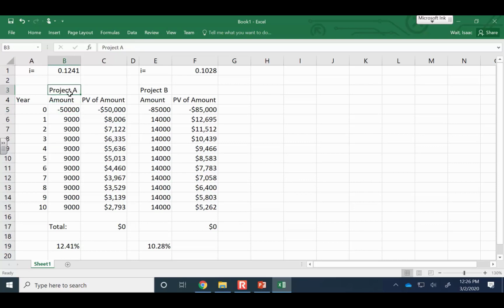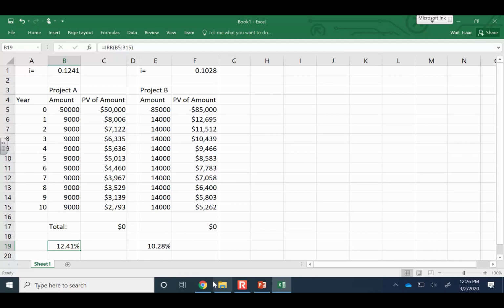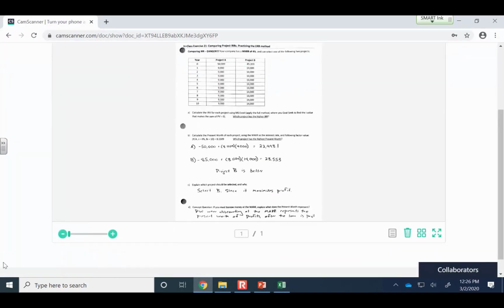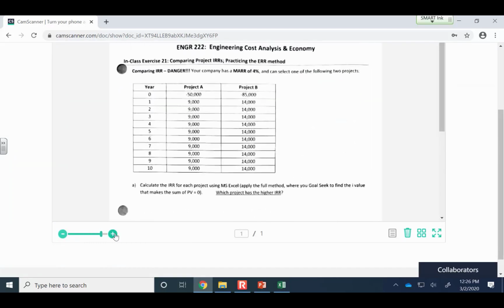Because project A only allows you to invest $50,000. But you're not trying to maximize some abstract interest rate. What you're trying to do is maximize the dollars that your company can receive. And so the way that we have the proof that project B is better is by looking at the present worths. So let's zoom in here on the present worth calculations.